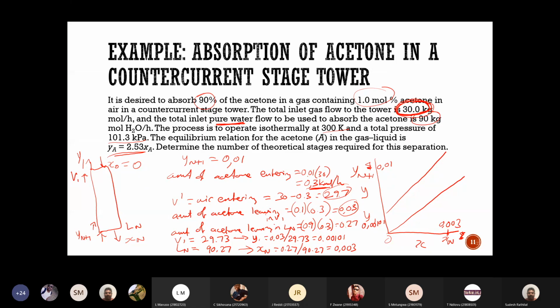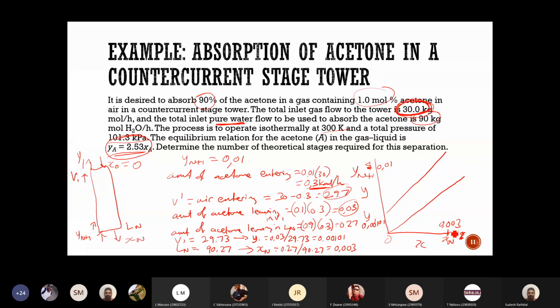The equilibrium line is easy to plot because the equation is given to me. The operating line, we're assuming, is a straight line. If it's not a straight line, you have to use the operating line equation in order to plot it. But we assume it's a straight line, and it will be if we're using very small values, as you can see here.